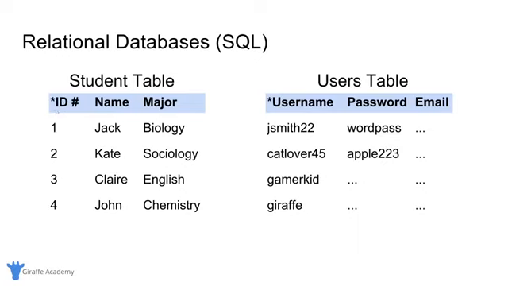And you'll notice I'm giving each of these entries an ID, and that ID will uniquely identify that row in the table. And over here we have a users table. So maybe you're creating users for your application. They have a username, a password, and then an email, right? The username is something that's going to be unique. It's something that uniquely identifies each row in the table. And then we're also storing a password and email.